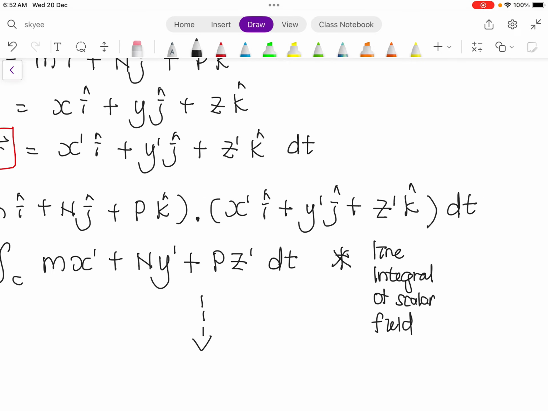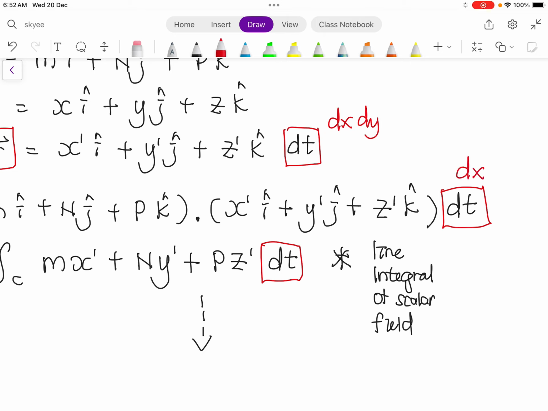Here is one thing I want you to take note of. I write it as dt, meaning that you have to convert everything into the variable t and dt. You can also convert it into dx, dy, or dz if necessary, no problem.